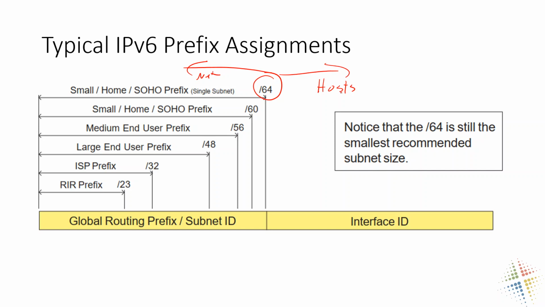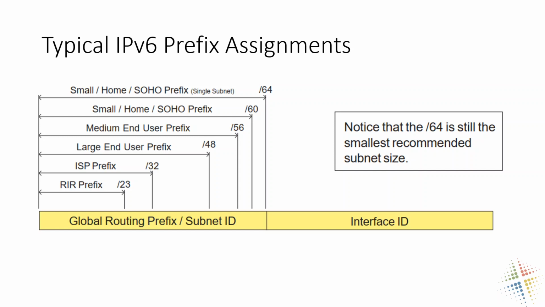That's still quite a few addresses available to your hosts, and more than you would ever actually want on a physical network, but that's just the way it works. A /64 is suggested to be the smallest possible size that you would ever use. You could take this 64 from the interface ID and start slicing it up again, making a smaller interface ID so you can have other subnets. But that actually breaks some of the built-in technology for IPv6, so don't do that.